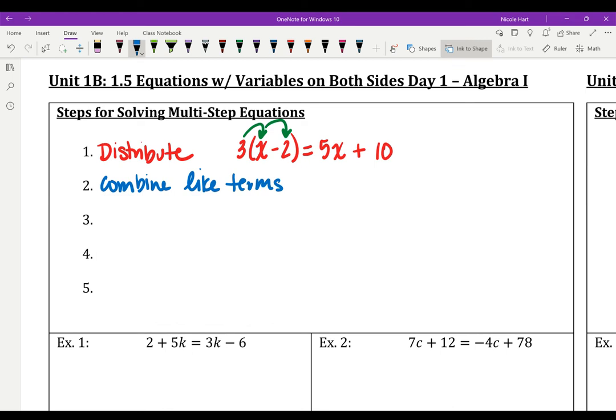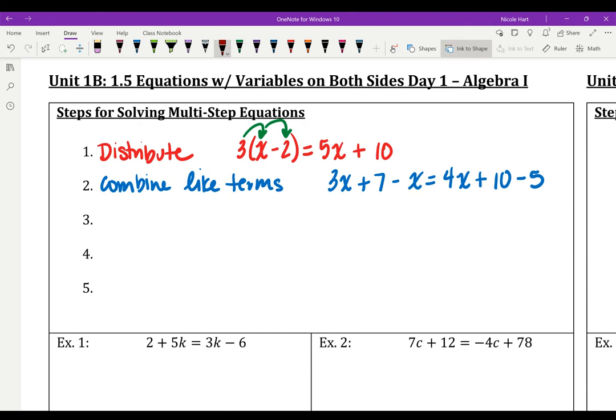And we would do that if we have multiple pieces that are similar on the same side, that either both have the same variable or perhaps they're both numbers. So we might have 3x plus 7 minus x equals 4x plus 10 minus 5.